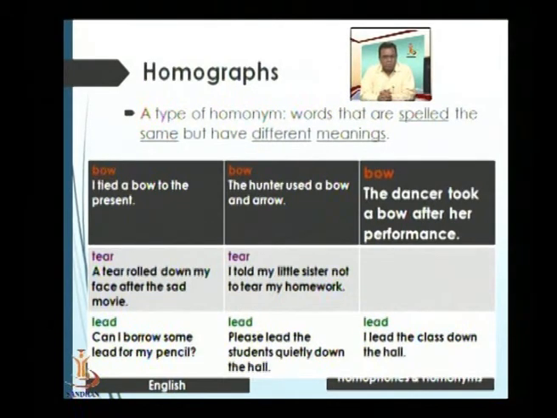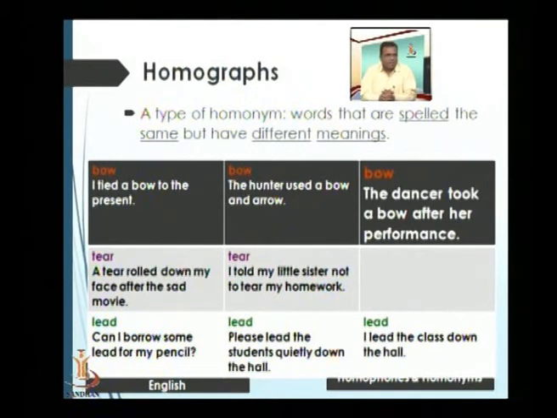The same word is also used in the context of tear, where you are asking somebody not to do a particular thing with something. Tearing means making pieces of a paper. I told my little sister not to tear my homework book. So you are asking somebody not to turn something into pieces. So tear, what we say, cheervu, fadvu.